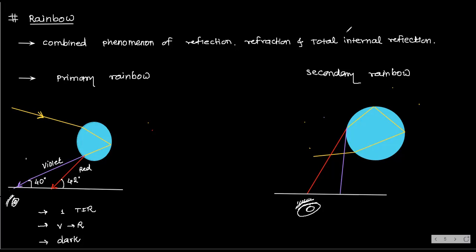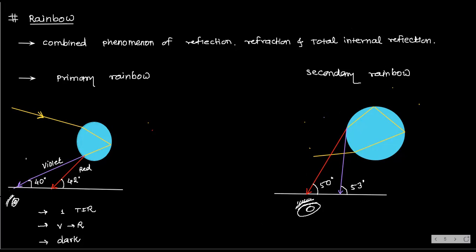And at this, what are the angles made? With this it is 53 degree for the violet color, and this is the red color. So it is making 50 degree, and here is your observer.